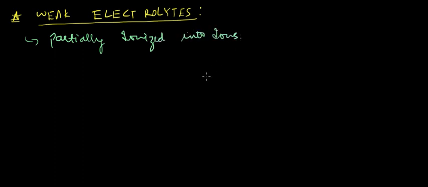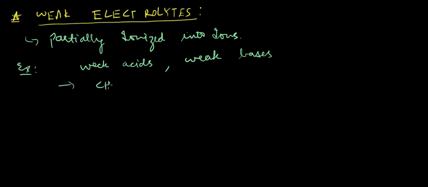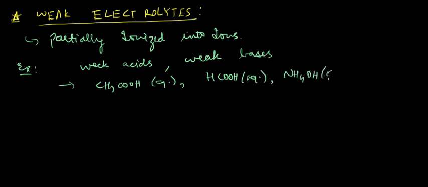Examples are weak acids and weak bases. Weak acid examples can be CH3COOH aqueous, HCOOH, and NH4OH. They don't ionize fully.